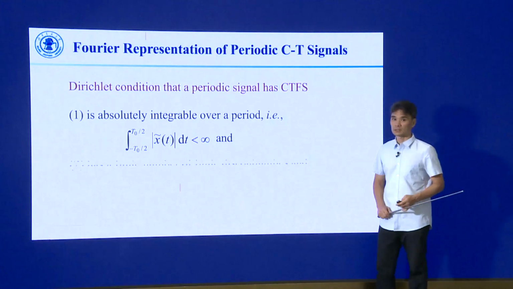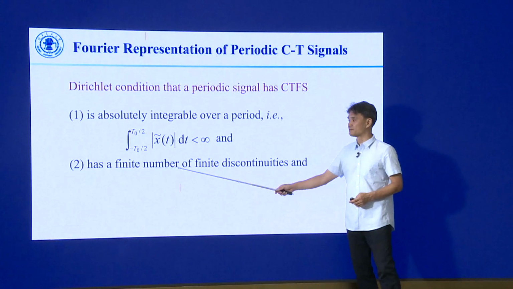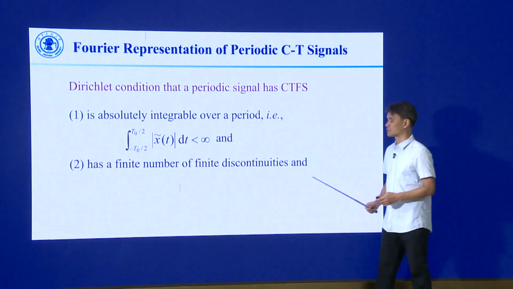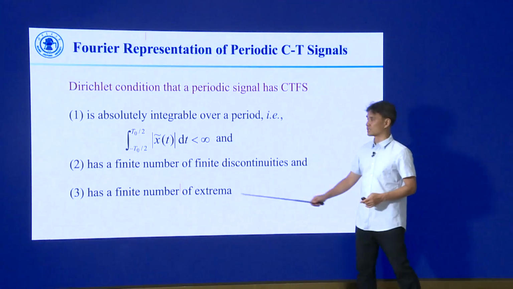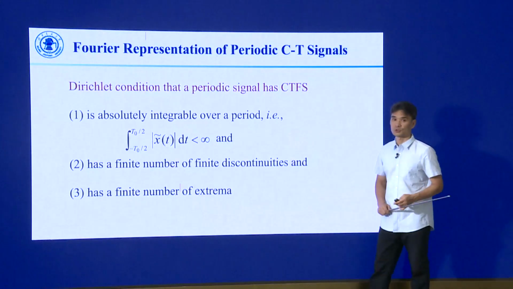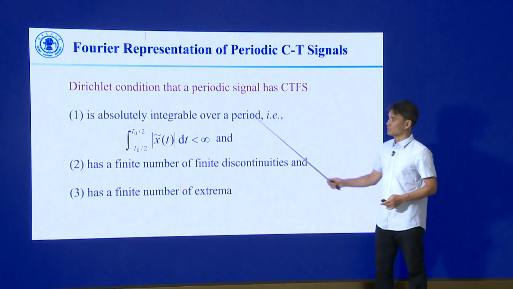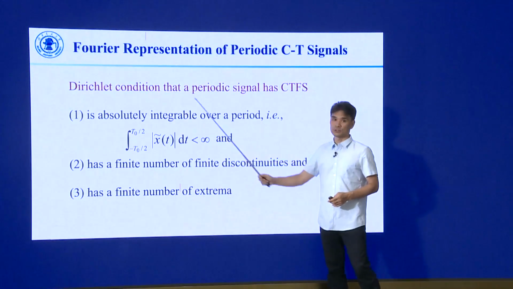The second criterion is that the original signal must have a finite number of finite discontinuities. And the third one is that the original signal in the time domain must have a finite number of extrema. These three criteria are collectively called the Dirichlet conditions.